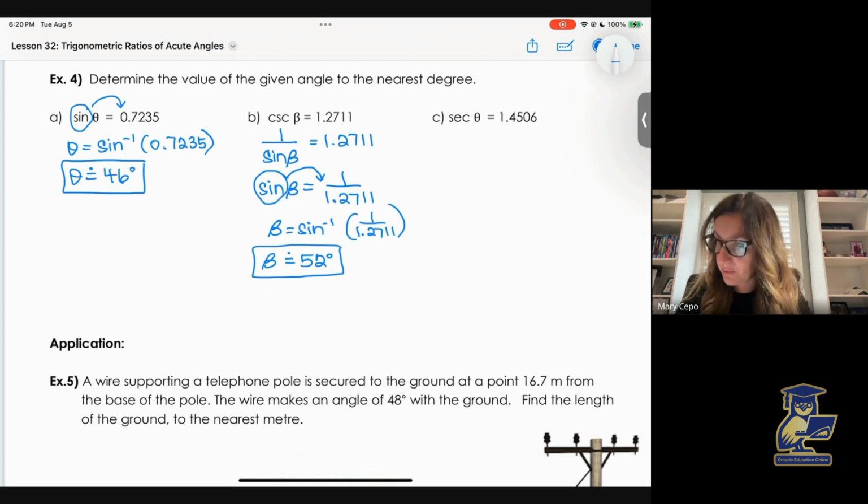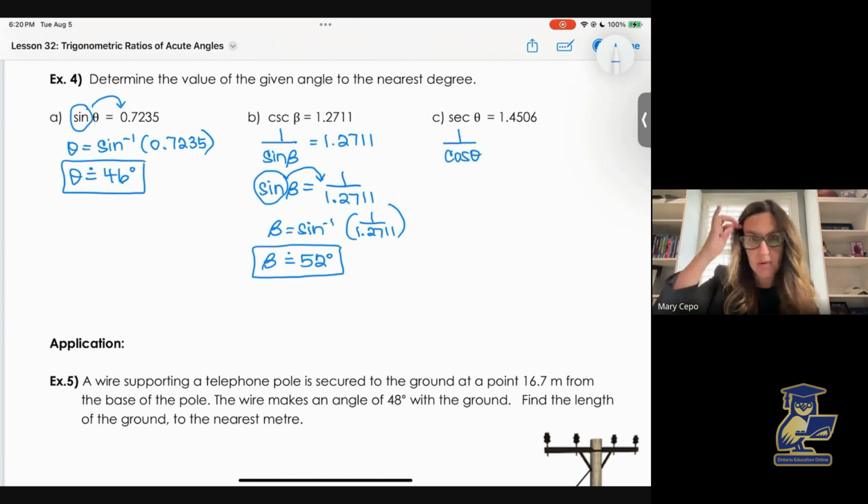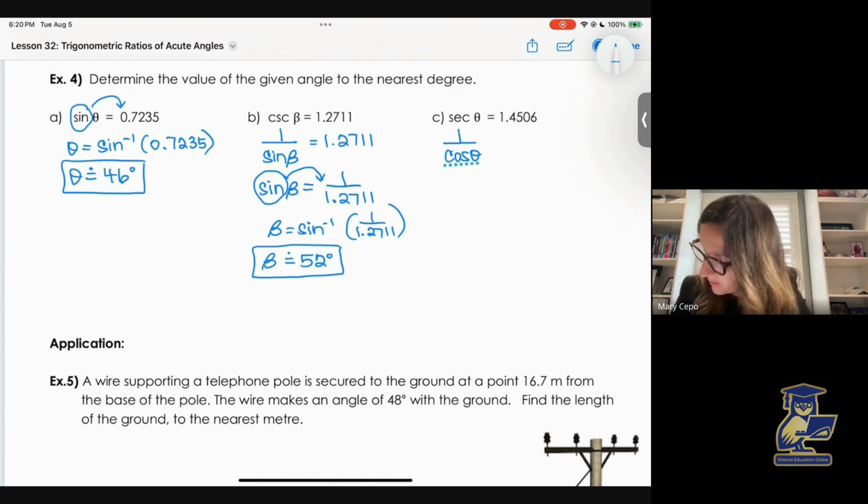Secant, the reciprocal of secant is cos theta. Cos theta would be the primary trigonometric ratio, and secant would be its reciprocal. Secant theta is equal to 1.4506. Again, we would take the reciprocal, so cosine theta is equal to 1 over 1.4506.